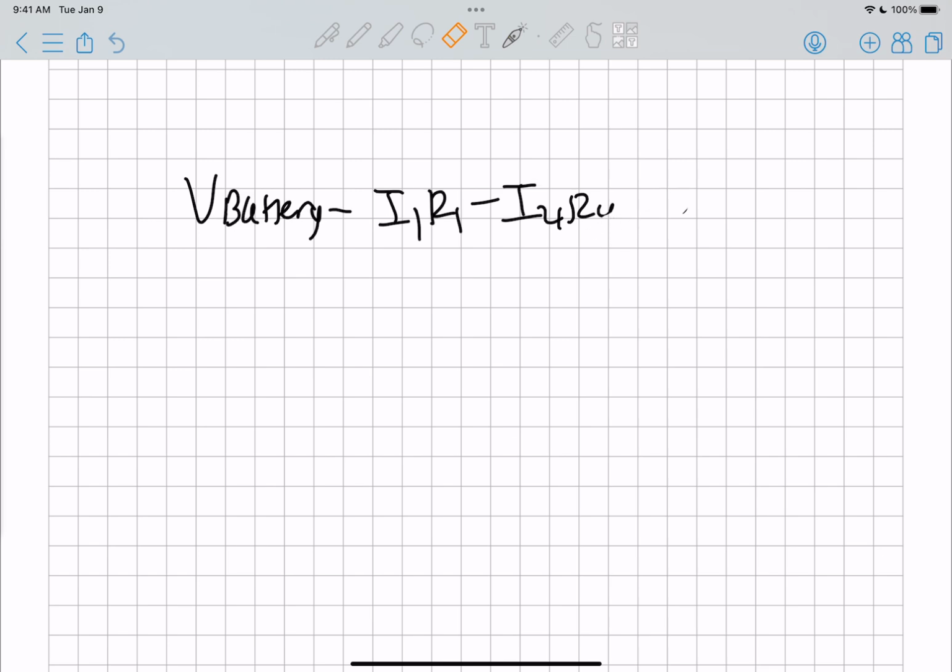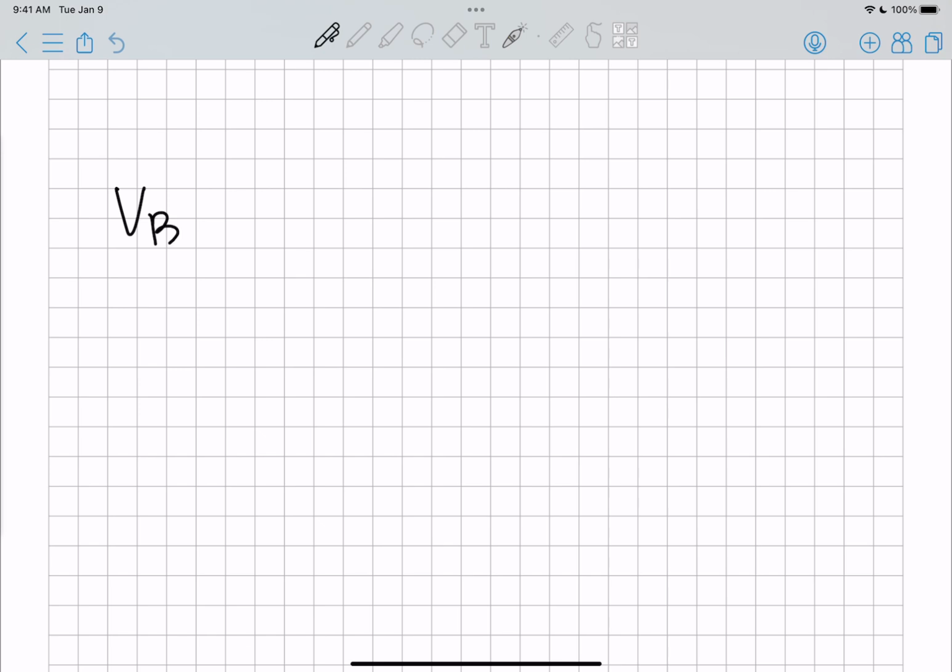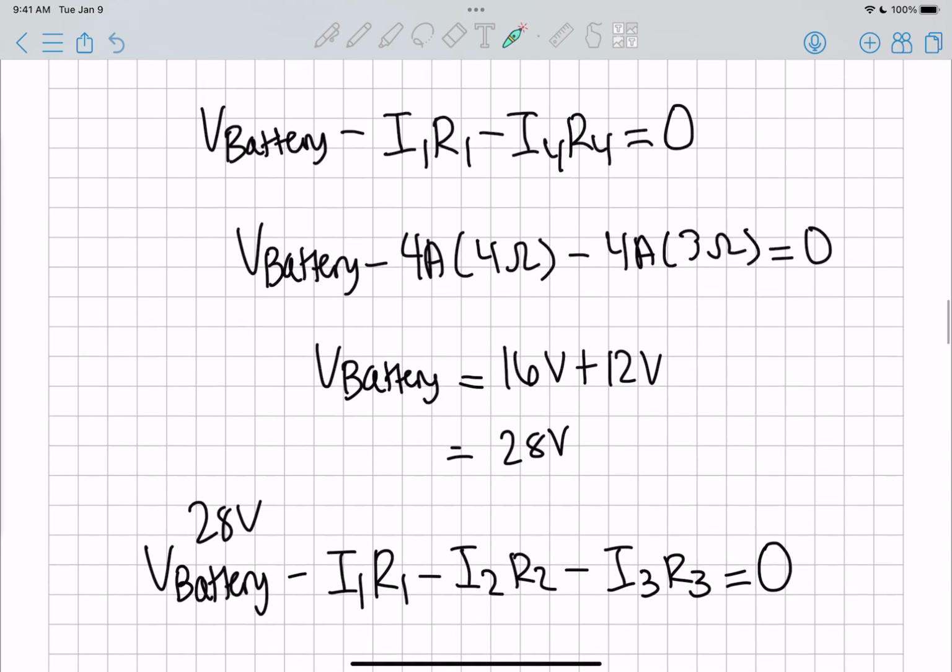Now, what I was missing earlier is I think I tried to add up the resistors as if they were in series and stuff, but no. Do not change the identity of any of these resistors, whether they're in parallel or series. So what you want to do is pick a loop first. Let's go through that big loop that just goes through R1 and R4, which was just this.